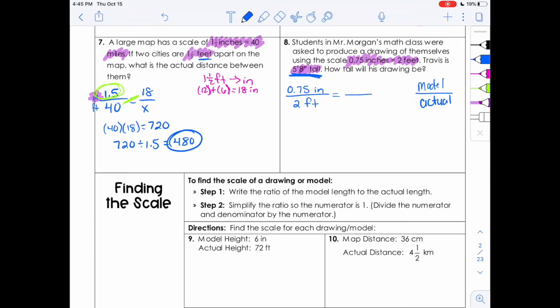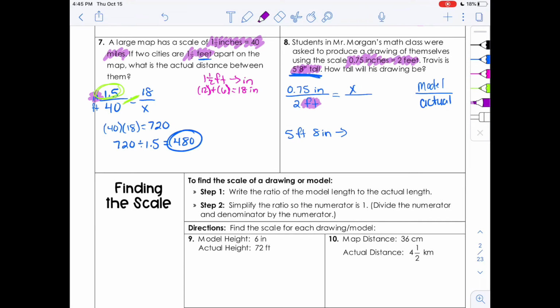And we don't know what it is on the drawing, so that's going to be X. Now, I can't put 5 feet 8 inches in our proportion. So we have to convert 5 feet 8 inches to inches, because that's what we're using.